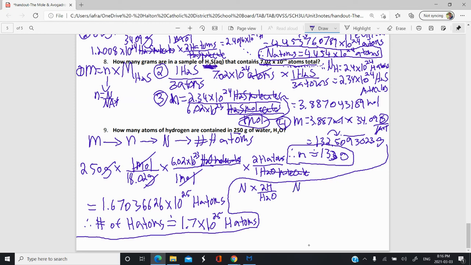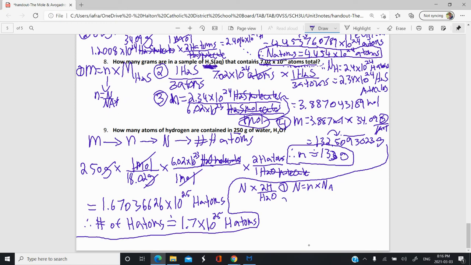So to find my N, N is equal to number of moles times Avogadro's number. We already have Avogadro's number. I just need to find the number of moles.